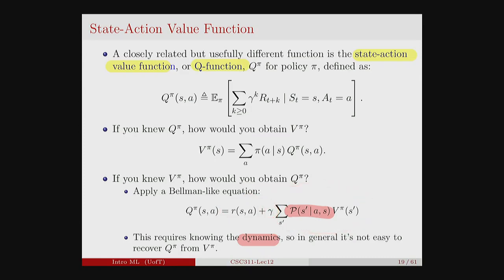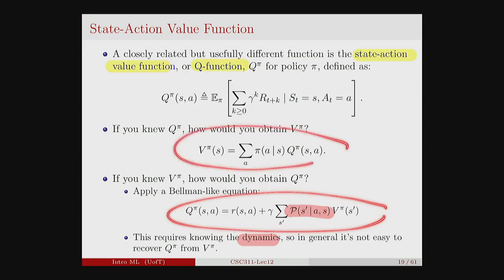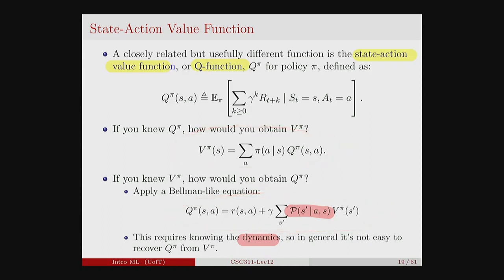And the future reward is the states S prime that you could go into multiplied by the probability of going to each of them. So this is the relationship that tells you how these two functions are related. And so in general, it's not easy to recover Q pi from V pi because it requires you to have closed form access to this transition probability matrix, which, as we mentioned, can often be intractable.